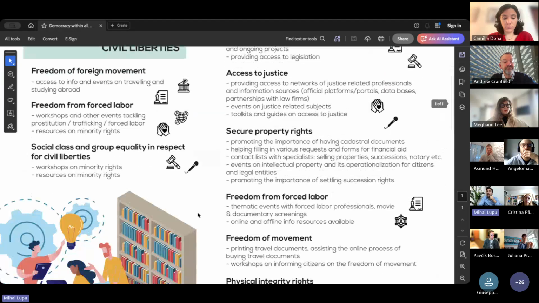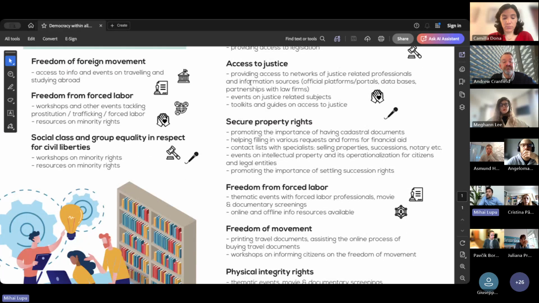Access to justice, right? Providing access to networks of justice-related professionals and information sources, official platforms, portals, databases, partnerships with law firms, and so on. Events on justice-related subjects, toolkits and guides on access to justice. This is something that you don't have to do yourself because you are not a professional in this, but you are bringing the professional that has the expertise, and then the community connects to the expertise that he or she needs through you.